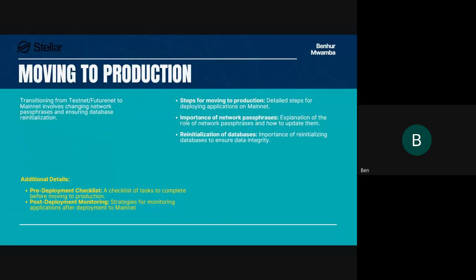There are a few key differences when you're deploying to the testnet versus the mainnet in terms of the code, right? What actually is going to be written in the code. One thing you have to know is the passphrases.